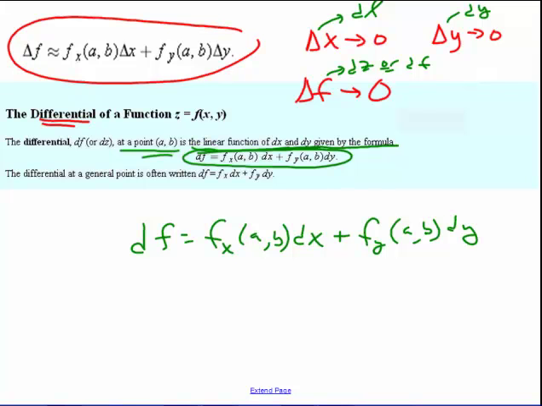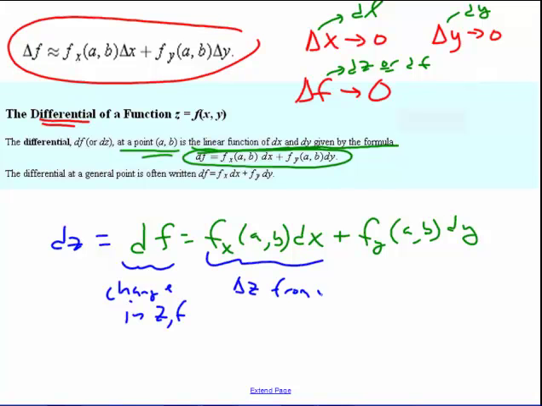And again, this is representing our change in z or f, whatever you want to call it. And it's all coming from the change in z from x adding to the change in z from y. Because the whole thing is we want to be able to approximate change. And so we're approximating it with our differential. That's our function that approximates change.